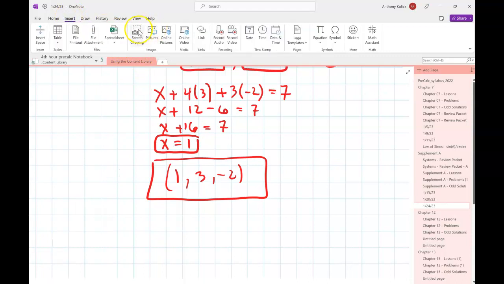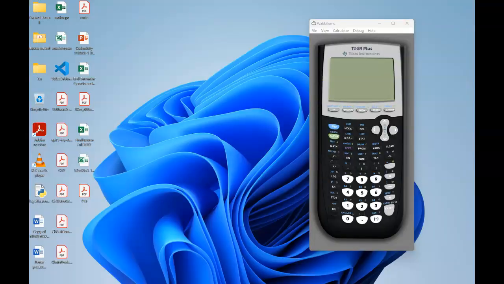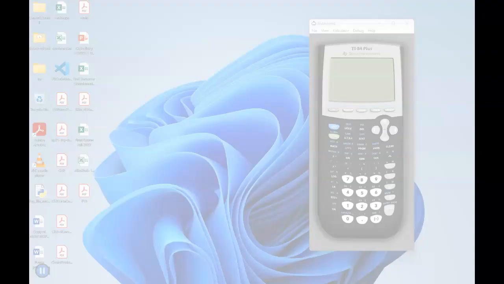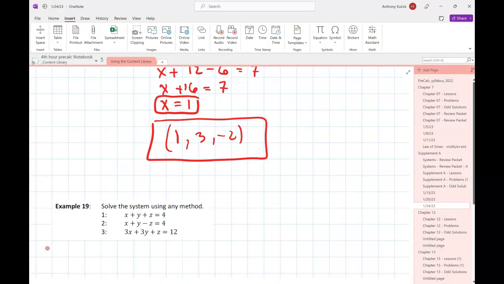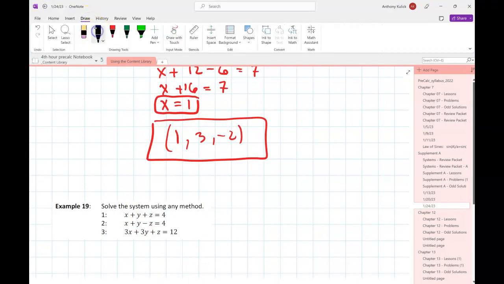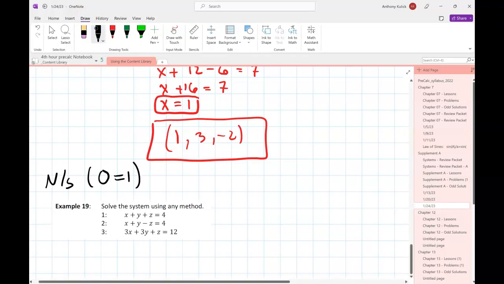So what happens if I get an infinitely many solutions situation going on, or a no solution situation in 3 variables? Well, no solutions is still going to be something like where you get 0 equals 1.